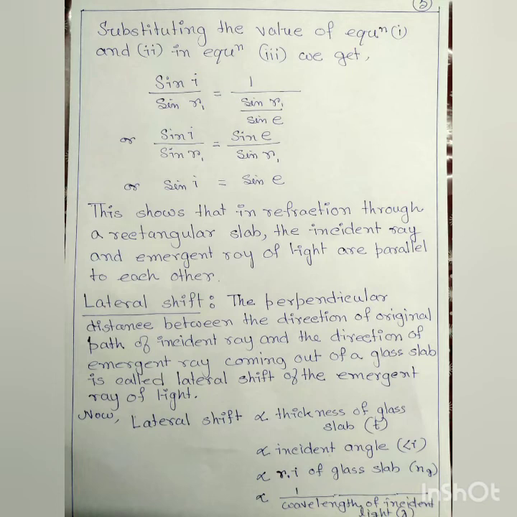Lateral shift is directly proportional to the thickness of the glass slab, directly proportional to the incident angle I, directly proportional to the refractive index of the glass slab, and inversely proportional to the wavelength of the incident light, that is lambda.